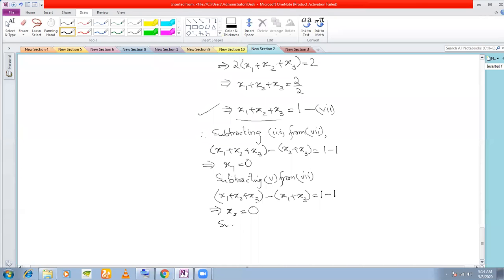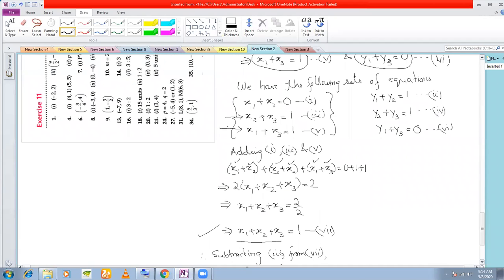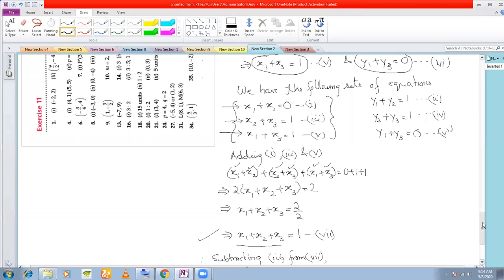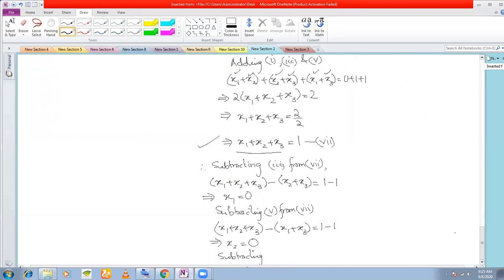Now we want to find X3. Which equation does not have X3? This does not have X3. So we'll subtract 1 from 7.